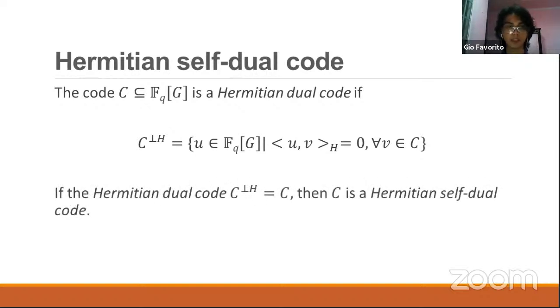If the Hermitian dual code, C orthogonal H, yun yung notation natin for Hermitian dual code. Hermitian dual code siya kapag nasa-satisfy yung equation na yun. Pero pag yung Hermitian dual code, equal siya sa mismong code, tawag natin dun sa kanya is Hermitian self-dual code.